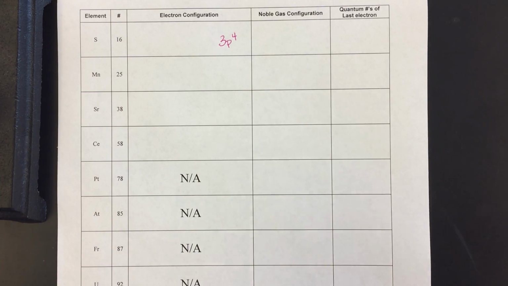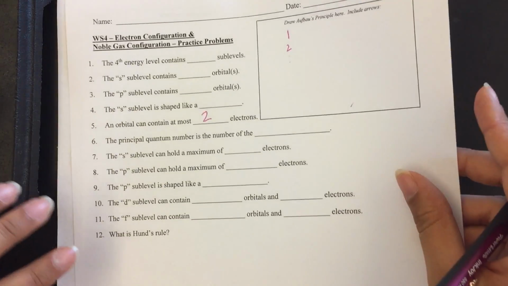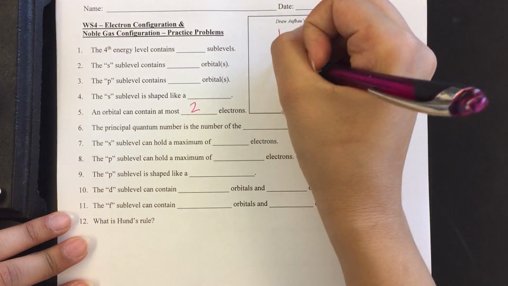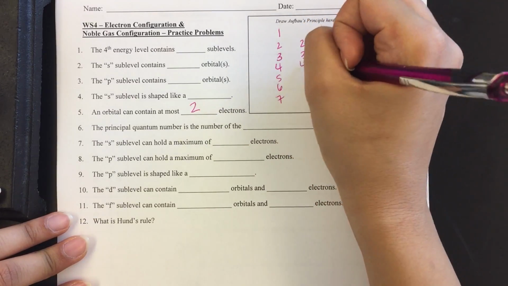So before 3p4, we're going to look at our Aufbau chart, and I'm going to go ahead and write it so you can see what I'm doing.